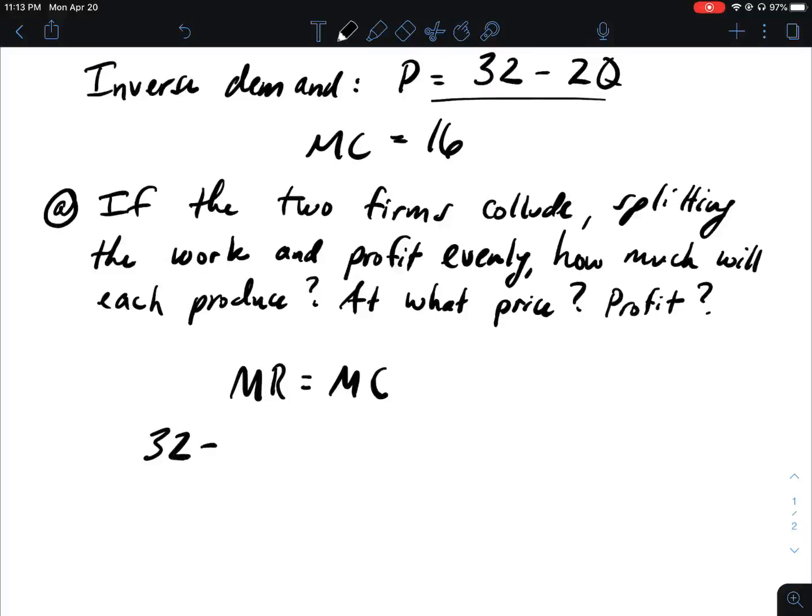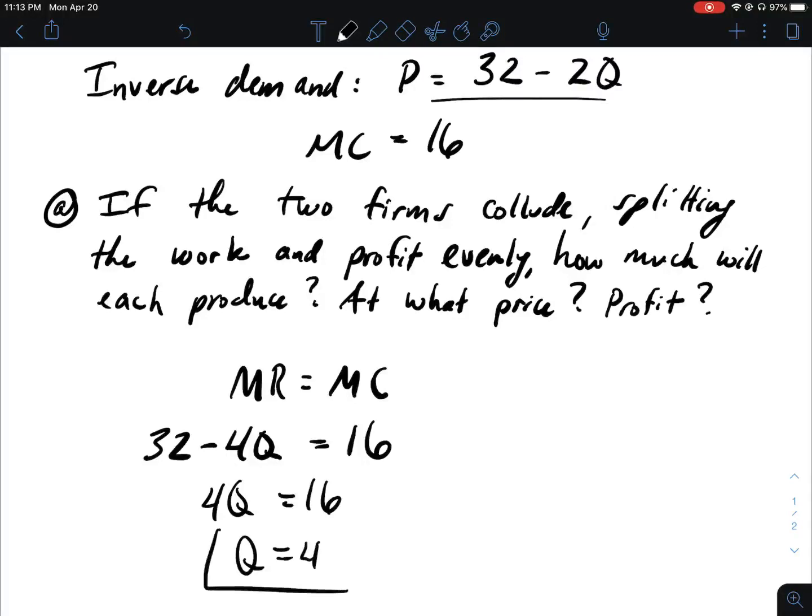And so from our inverse demand curve, we plug those values in. We get 32 minus 4Q for our marginal revenue. Our marginal cost is given at 16. So 4Q equals 16 and Q equals 4. So we found the market production.